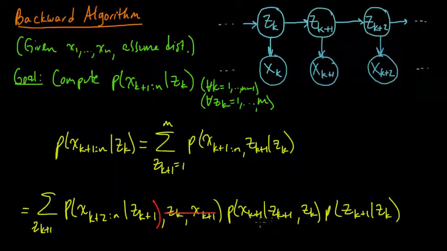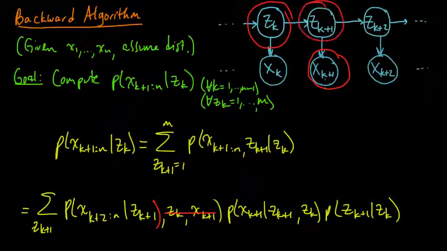And for this one, what do we have? We have xk plus 1 given zk plus 1 and zk. So we'd like to drop the zk. We'd like to say that this is conditionally independent of this given this.